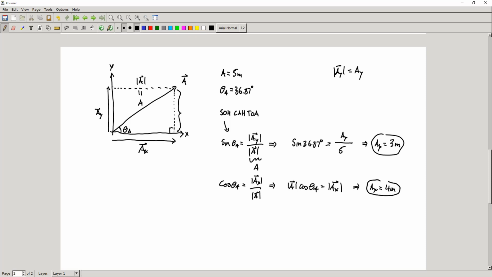In this case, these numbers won't always work out so nicely. I selected this A up here to be 5, and the angle such that it's going to end up giving us a Pythagorean triple, right? So this is just a 3, 4, 5 triangle. Generally speaking, these numbers won't always work out to be whole numbers.